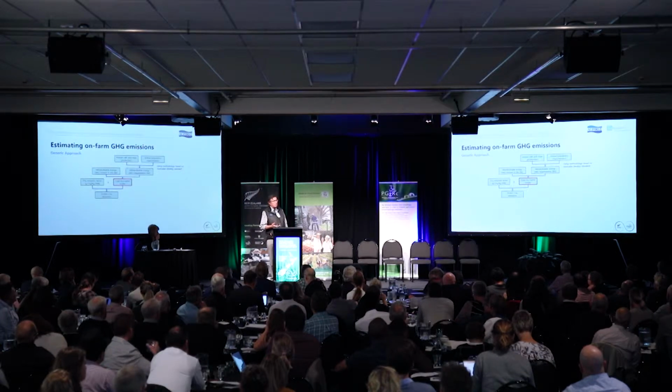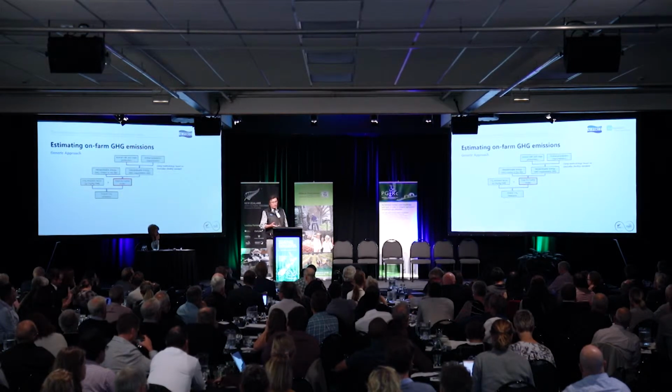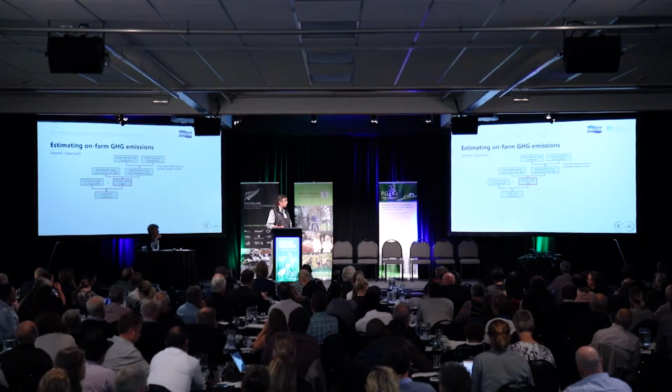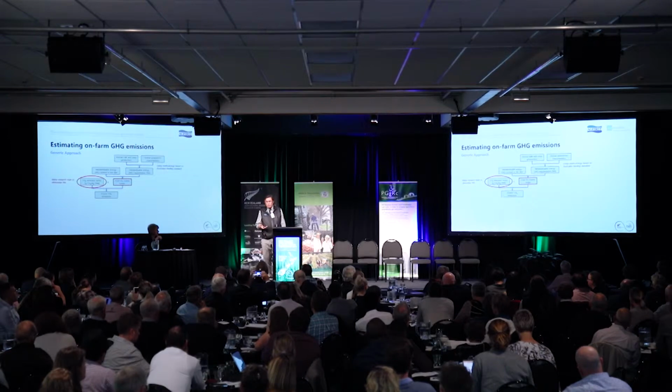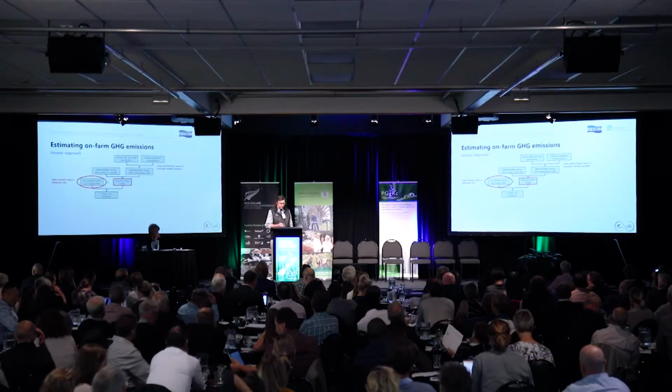You then couple that with the ME content in the diet, so you can get an indication of the total dry matter intake, which then coupled with the methane emission factor gives you an indication of methane emissions. And there's been quite a lot of work done in New Zealand now in terms of calculating that methane emission factor in terms of methane per kilogram of dry matter intake.